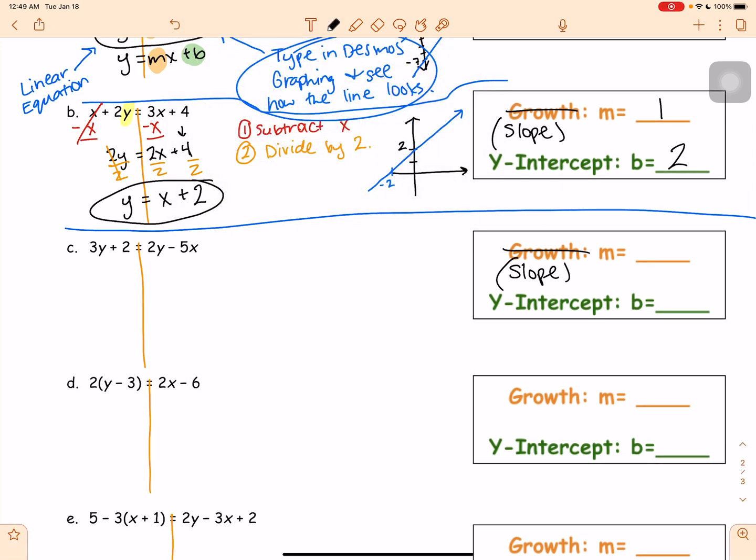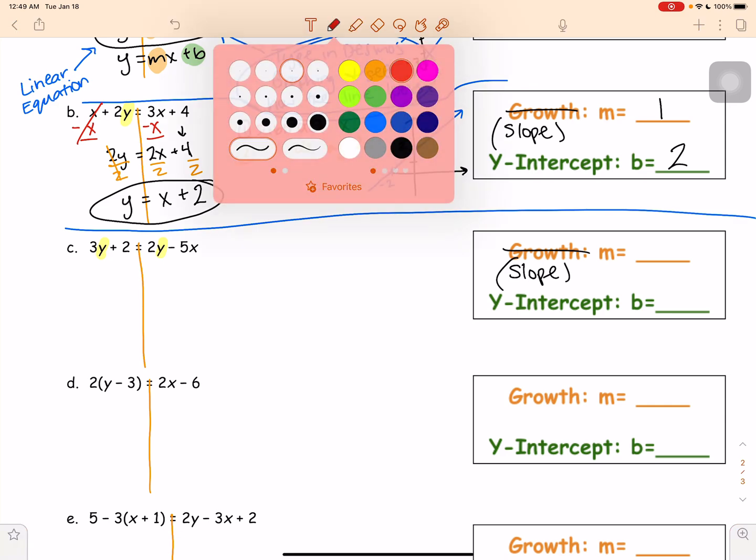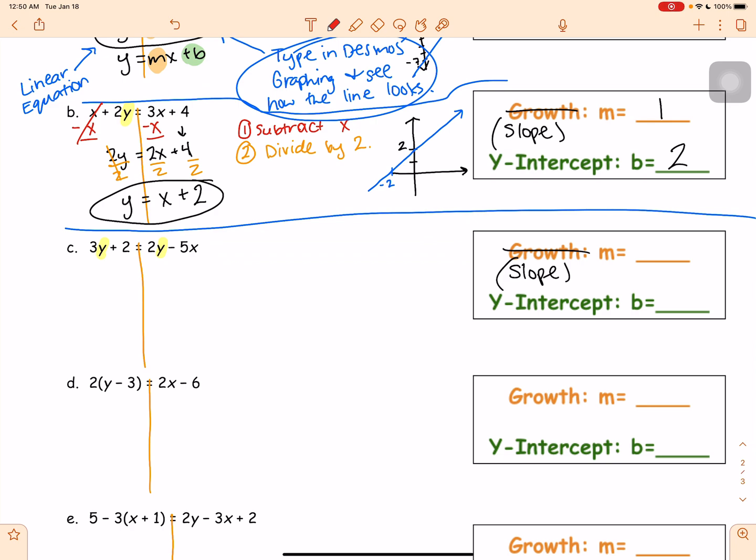All right, so here I see there's y's in 2 spots. I need to get those combined right away. That's your first thing. So I noticed that if I were to subtract the 2y, then I would end up with just 1y on the left there. So I'm going to go ahead and subtract 2y. And always assume these are from both sides, okay? So minus 2y.